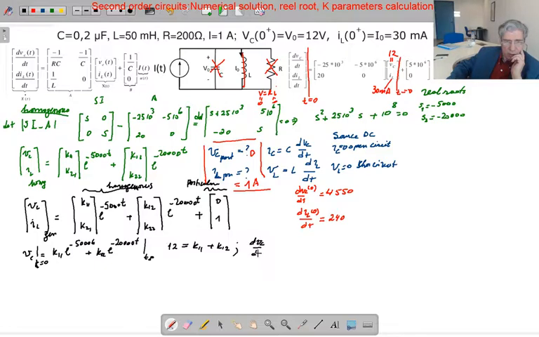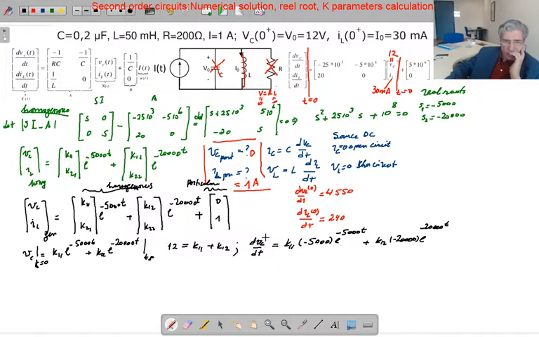What I get, dvc over dt, is k11 times minus 5,000 e to the power minus 5,000 t. So what I have done here is the derivative of this, and then plus k12 times minus 20,000 e to the power minus 20,000 t.